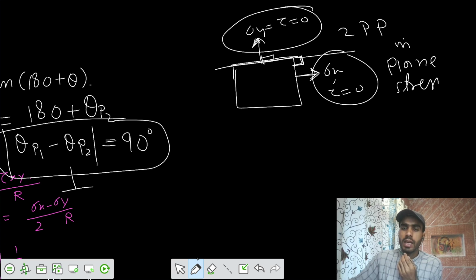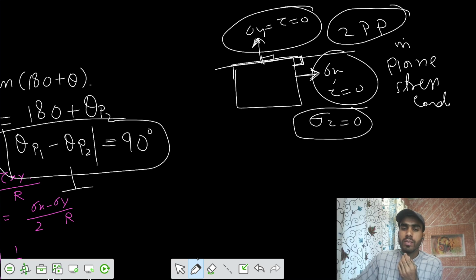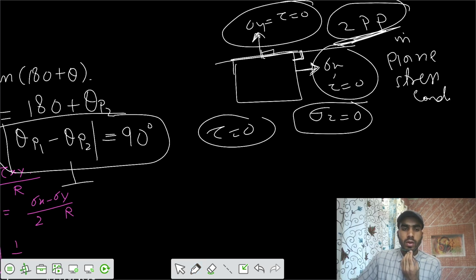We are not saying that sigma z is also acting. We say that sigma z is 0, so we call it plane stress condition. In that we have two principal planes where tau is 0.